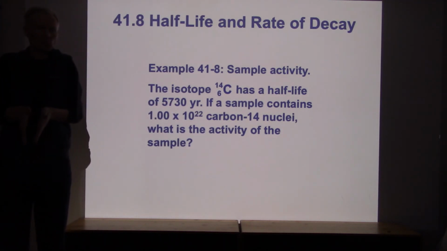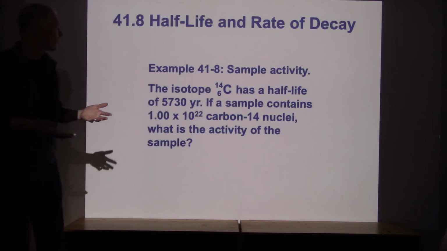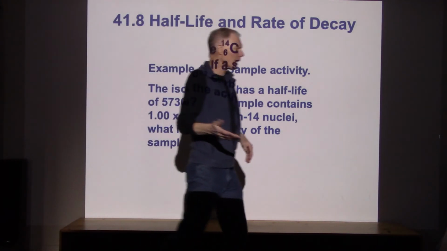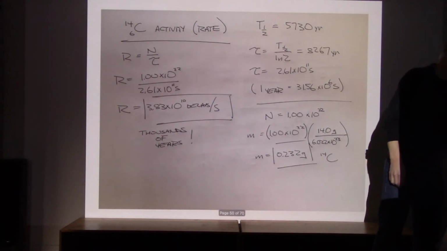If it was a really short half-life, that would be a hard thing to do, is sort out a large sample of radioactive nuclei if they're decaying very rapidly away. But 5,730 years, that's going to give us some time to prepare this sample of radioactive carbon-14.